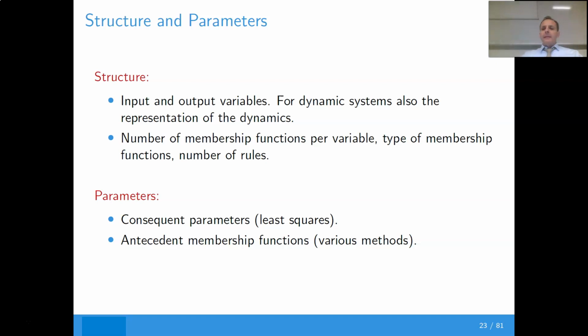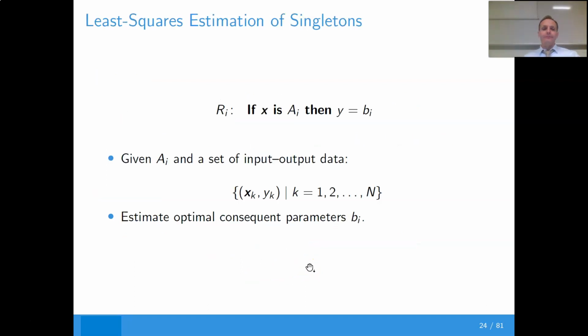And regarding the antecedent membership functions, there are several methods, and we will see one of the most powerful approaches for deriving the membership functions. So let's start with the simplest approach, which is the estimation of models in the singleton form.